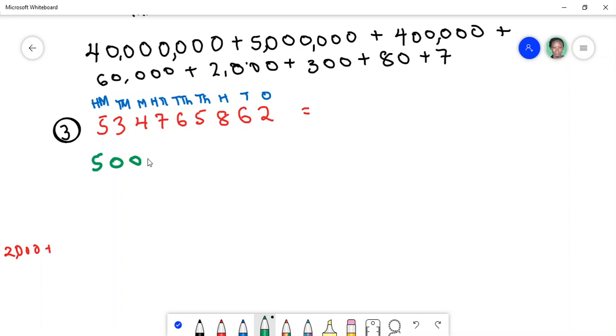So 500, 1, 2, 3, 4, 5, 6, 7, 8. So what do I have? So you realize I'm in what? 500 million plus 3 times what? 10 million. So that will be what? 30 millions. How many zeros do I have? 7. Let's see. 1, 2, 3, 4, 5, 6, 7.